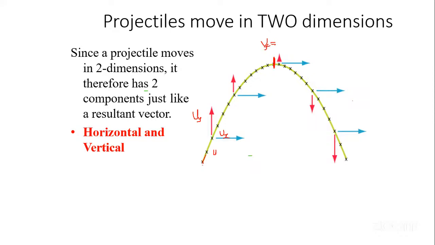Because at the maximum height, the object will experience a moment of rest temporarily, before it starts coming down. So this moment of rest makes the final velocity 0.